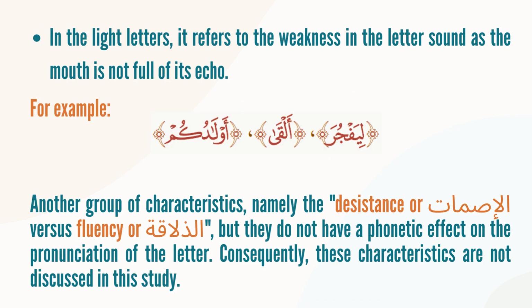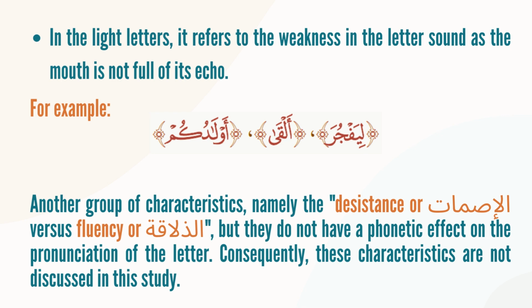In the light letters, separation refers to the weakness in the letter sound as the mouth is not full of its echo. So separation can be found in the three heavy letters kha, ghain, and qaf, plus all the remaining letters which are light letters.